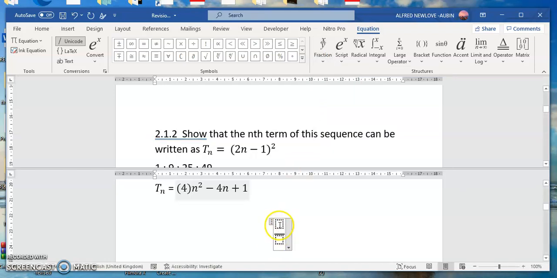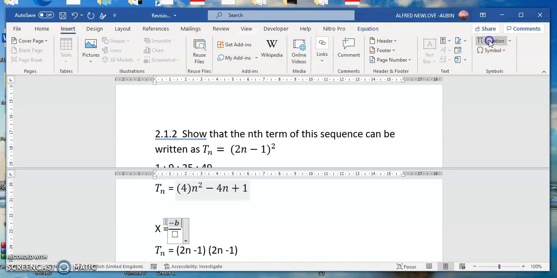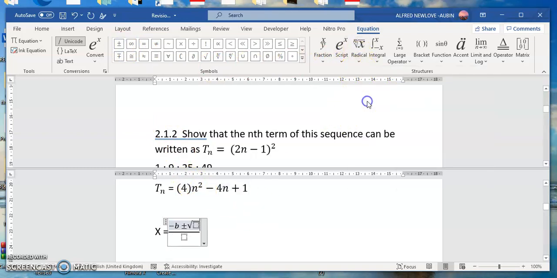Yeah, we know our quadratic formula is x is equals to minus b plus or minus, I need plus and minus, which is here, square root, b squared, so I'll have my b squared minus 4AC over 2A.